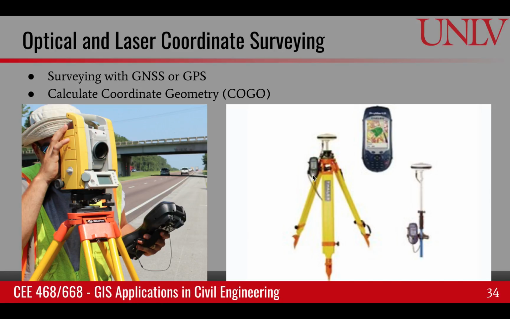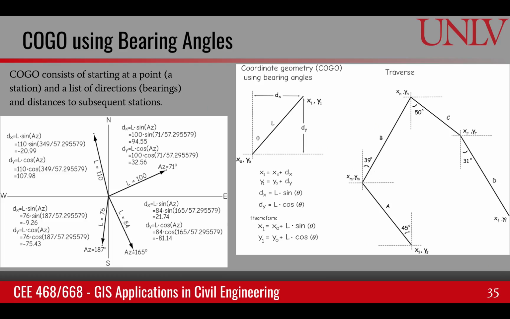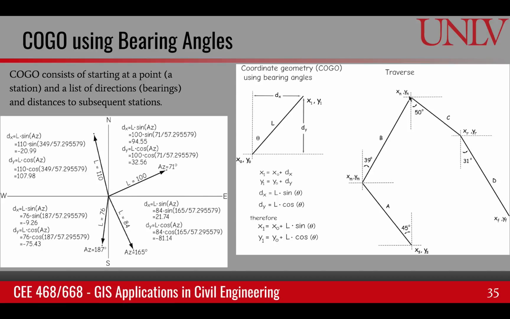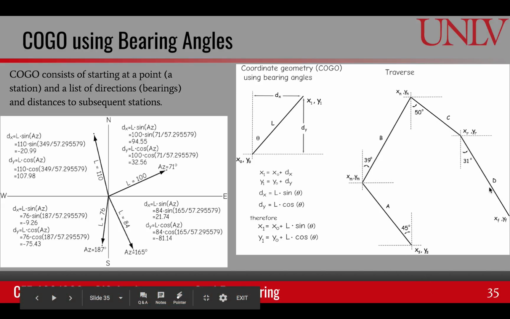And you have learned in your surveying class, and most likely you have used this technology in your surveying class, where you start at a point, and then as you survey you find a list of directions and distances, and that takes you to the next survey point, and you find many points and you traverse all of these points in that manner.